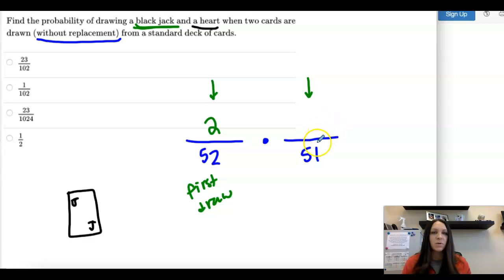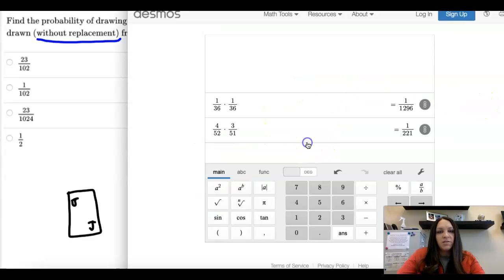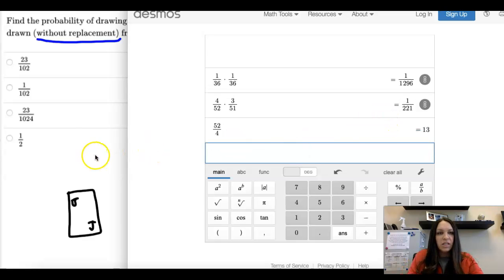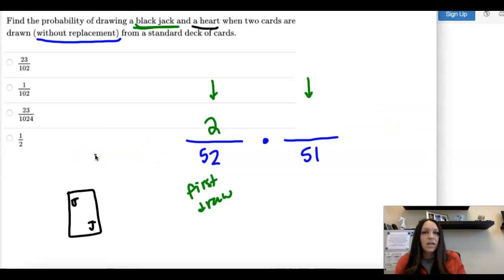A heart is what we call a suit, and there's 4 suits in a deck. So I'm going to divide 52 by 4, and I get 13. In a deck of cards, there's 13 hearts, 13 diamonds, 13 clubs, and 13 spades.